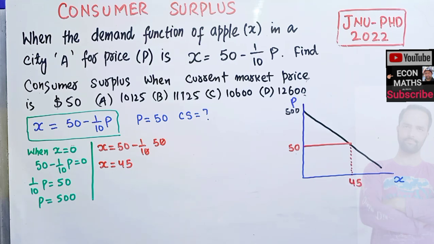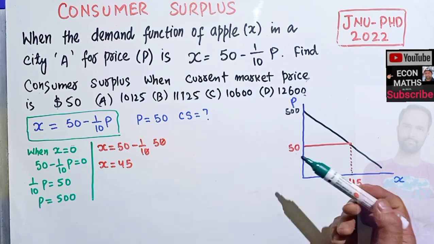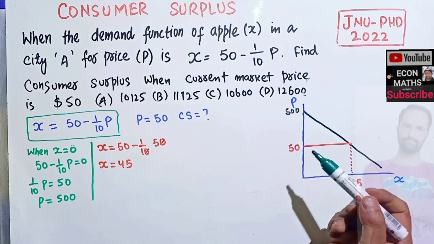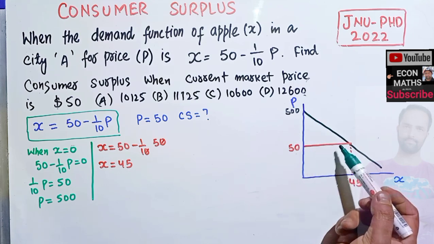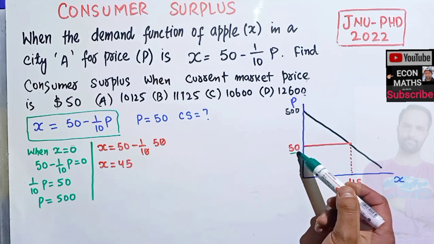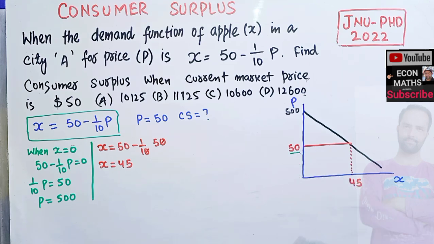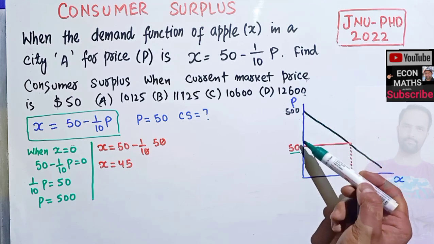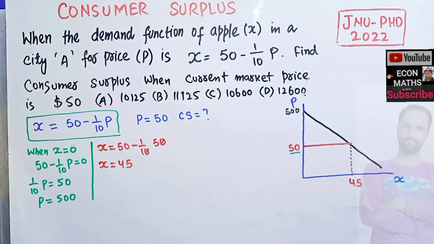Now, what is consumer surplus? Consumer surplus is simply the difference between the price that a consumer is willing to pay and the price he actually pays. The price he is actually paying is the current market price. So the area of this triangle gives us the consumer surplus.